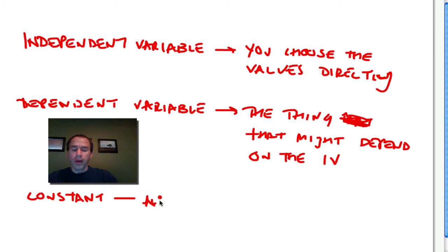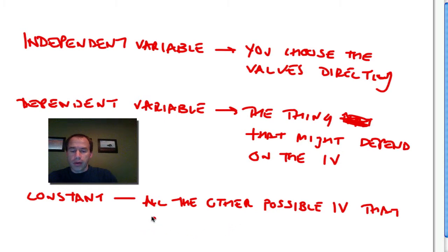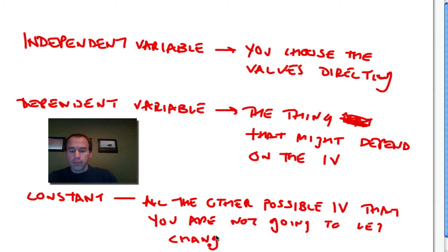These are all the other possible independent variables, things like the amount of sleep you get, what color shirt you wear, all the other possible independent variables that you're not going to let change. Because if they did, they might also affect the dependent variable, and you don't want that. You want only the independent variable to have an effect on the dependent variable.